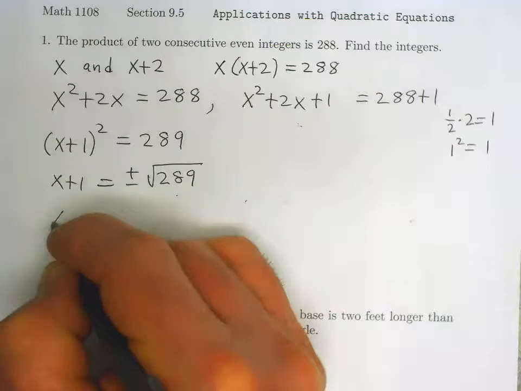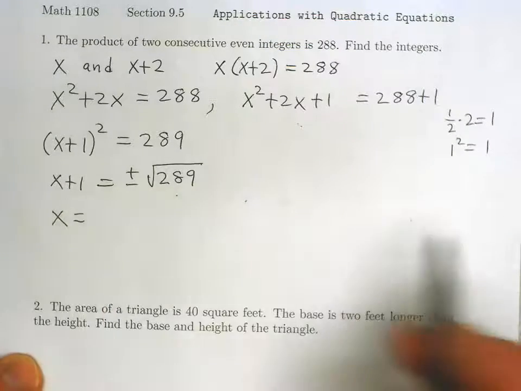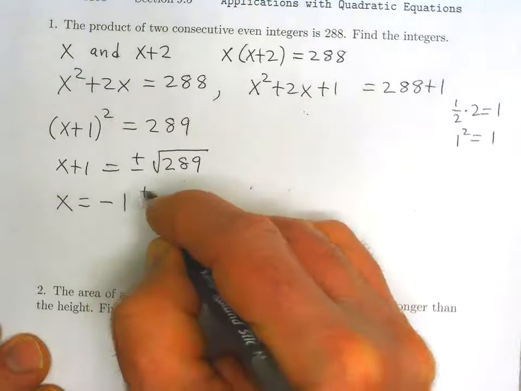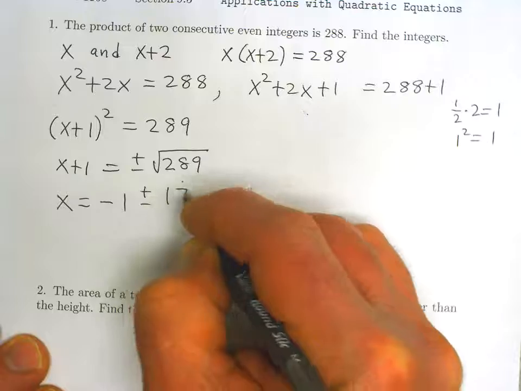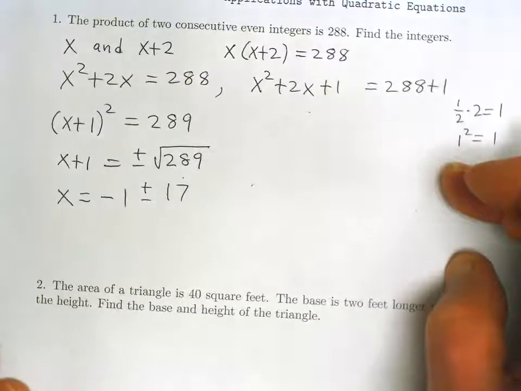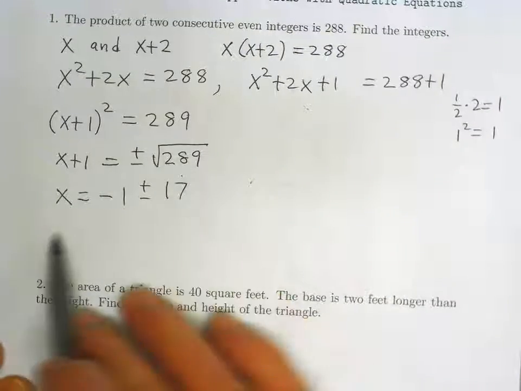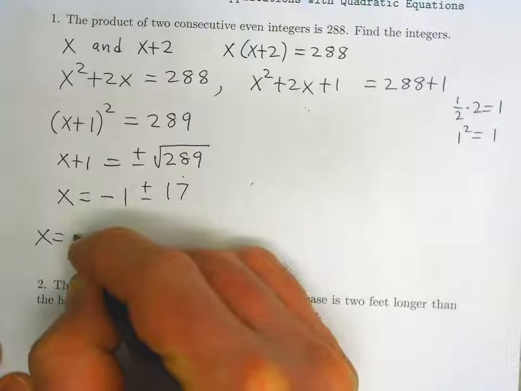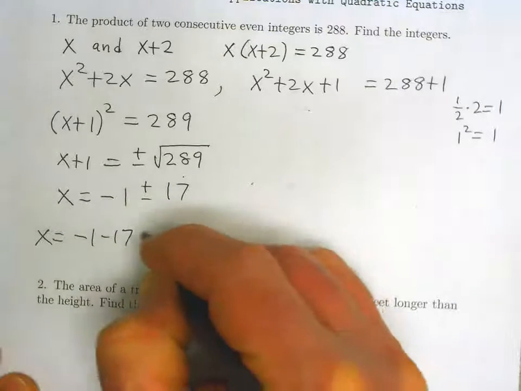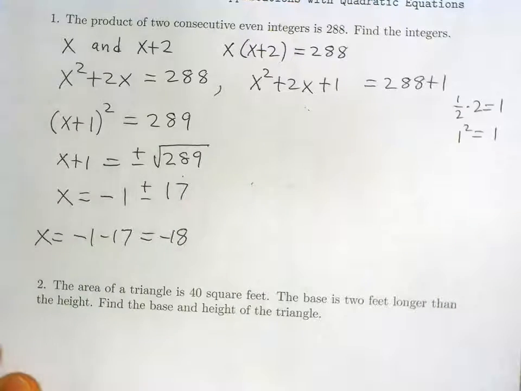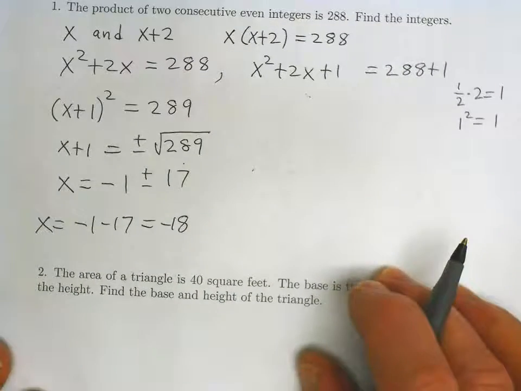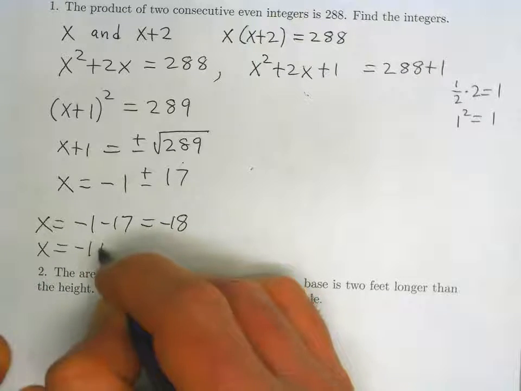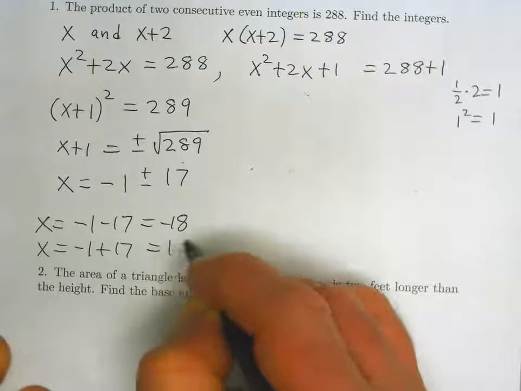So in our next step, we can write x equals -1 plus and minus 17. Okay, this equation has two solutions for x. One is x equals -1 minus 17, or -18. And the other solution is x equals -1 plus 17, which is positive 16.